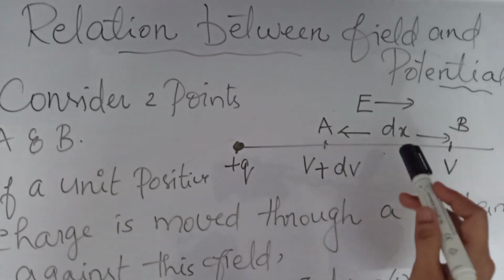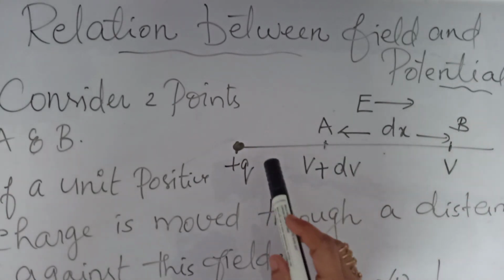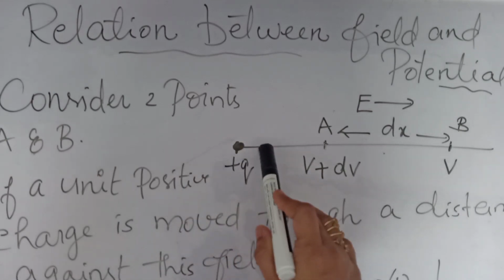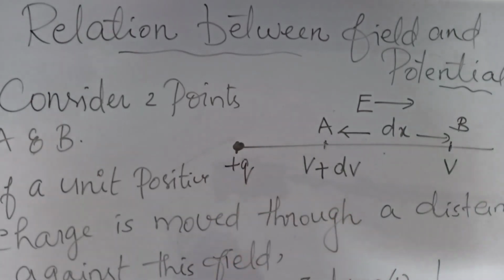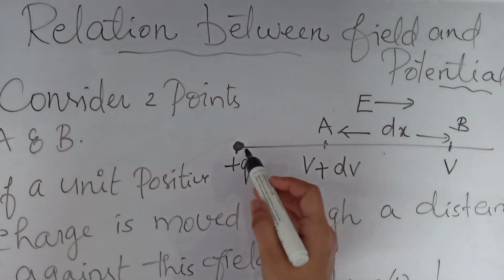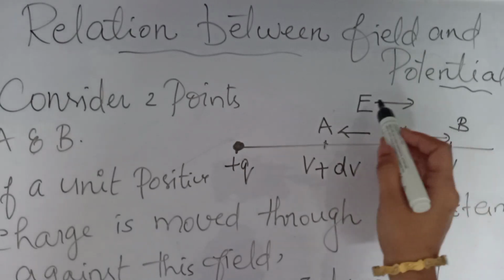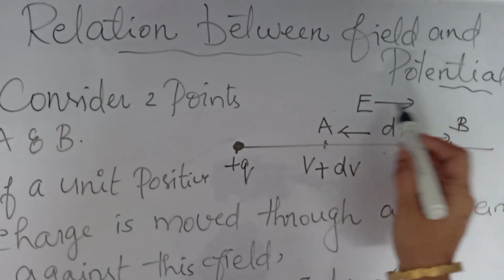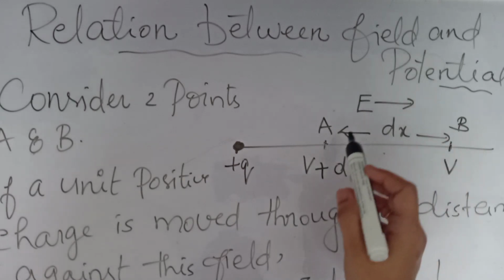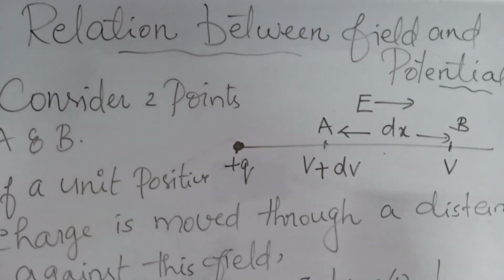Clear? Now what will be the direction of electric field in this case? Here we are taking the positive charge, plus Q charge is kept here. So in which direction will we get the electric field? This is positive, so it will be away from this. So the direction of the electric field is like this, against this dx.